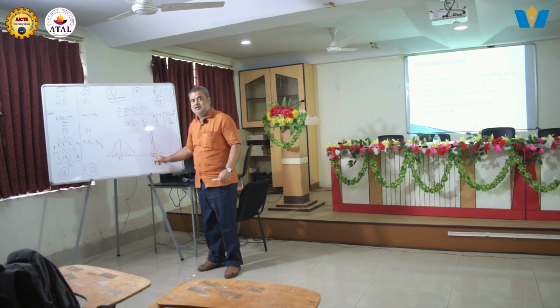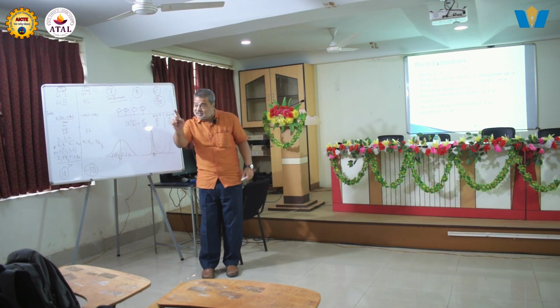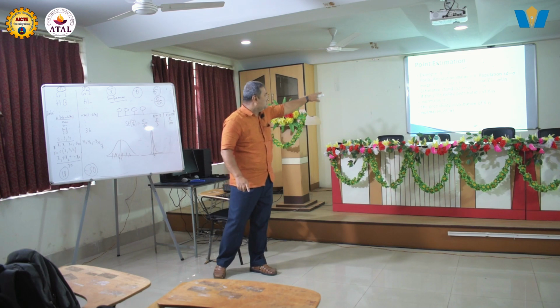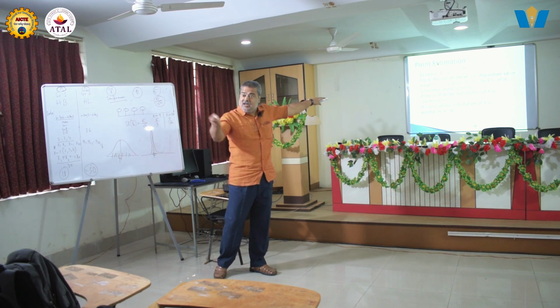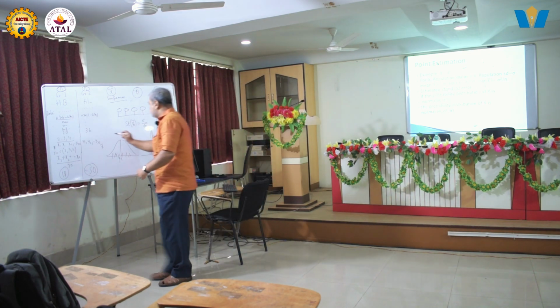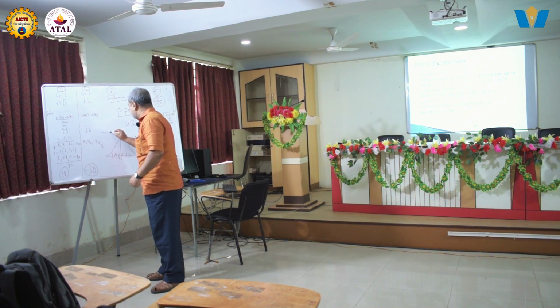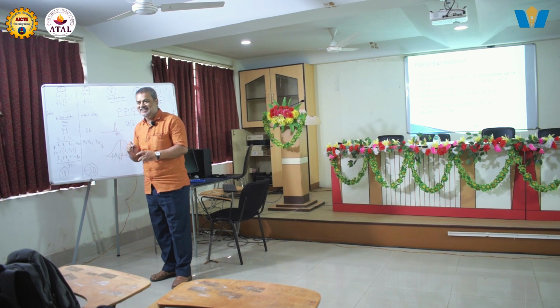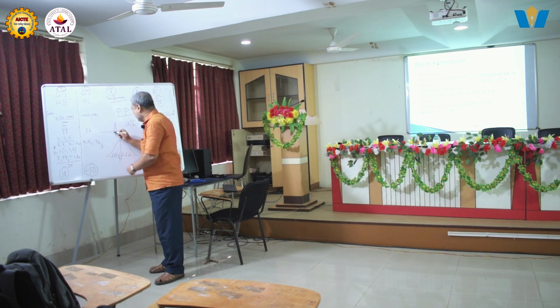And another thing is very important, that the mean of this x bar is theta. Suppose the mean of this x bar is theta plus 1, and it is very close to theta plus 1, then it is not meaningful, because theta is here.